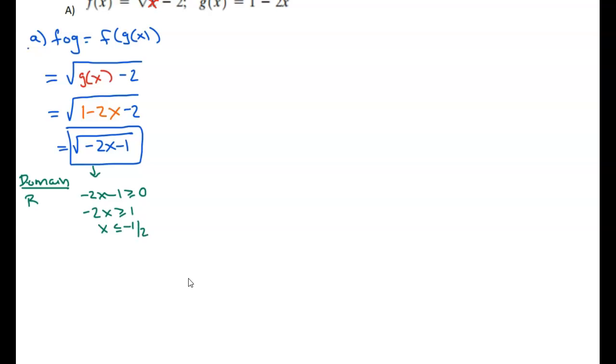Alright, so the resulting domain needs to work for both the inner function and for the result. So we need to make sure that x is less than or equal to negative 1/2.